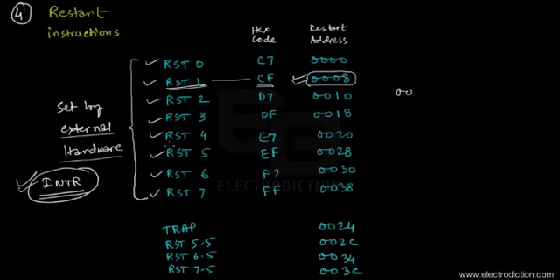Similarly, if we use the RST 4 instruction, the corresponding hex code is E7, and the program control would transfer to memory location 0020H. These instructions are equivalent to single byte call instructions.